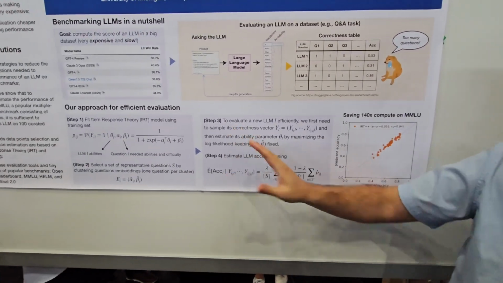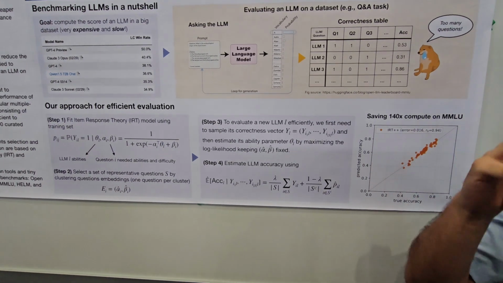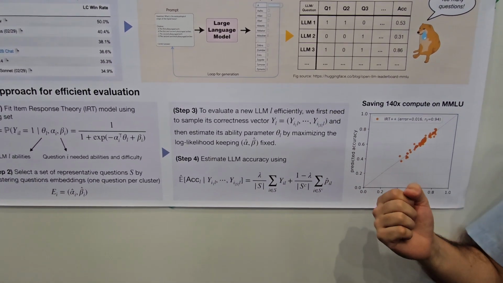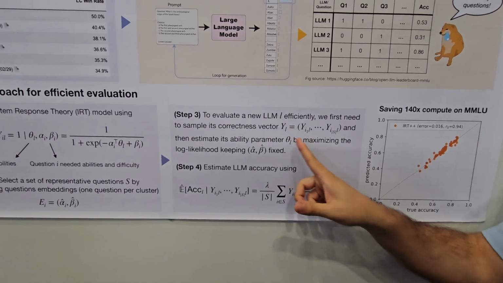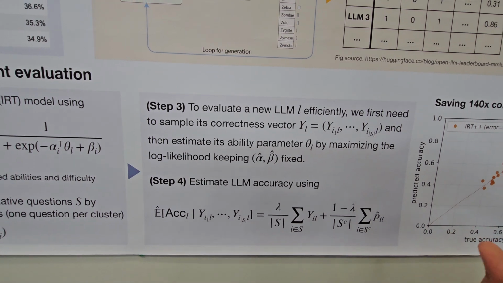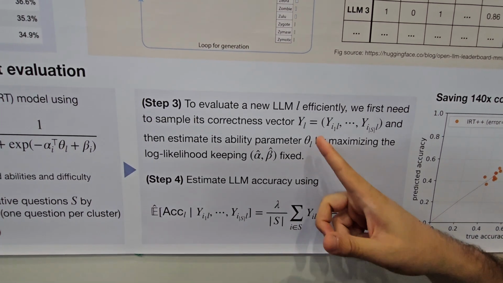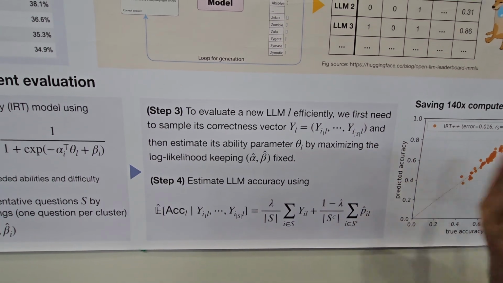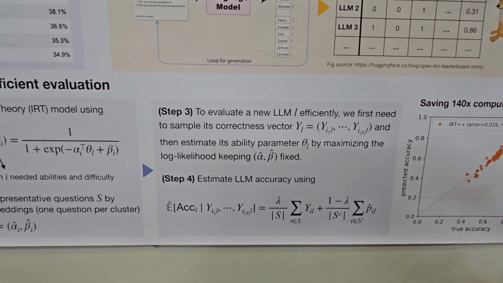In step 3, we already have this core set. If you want to evaluate a new LLM, you give this new LLM the core questions, let's say 100 questions. The LLM responds to these 100 questions, and you get a correctness vector, a binary vector of whether the model gets these 100 questions correct or not.